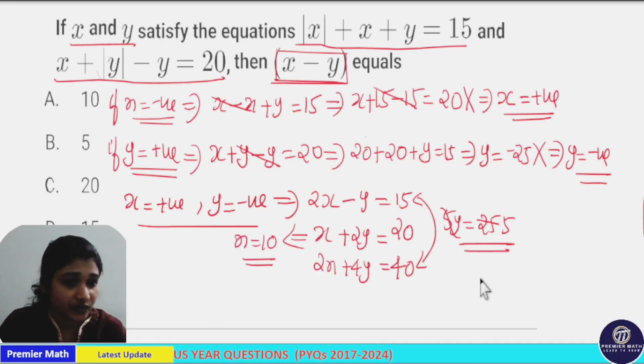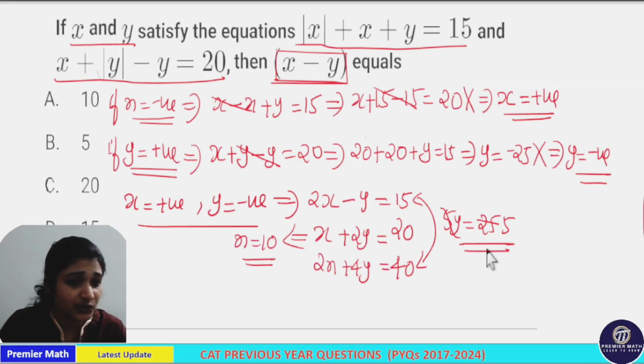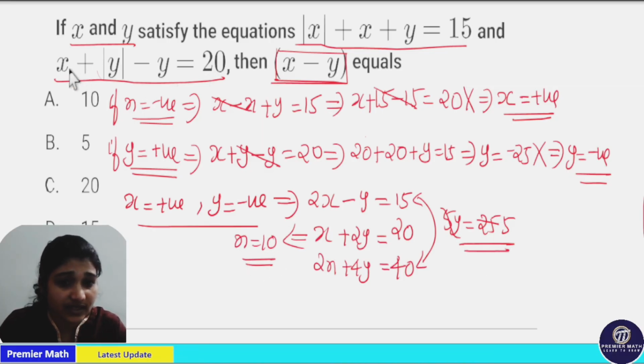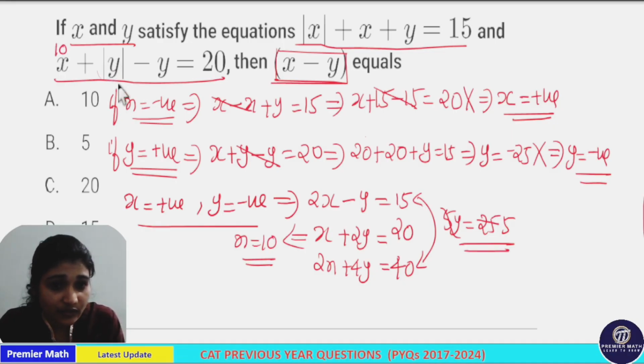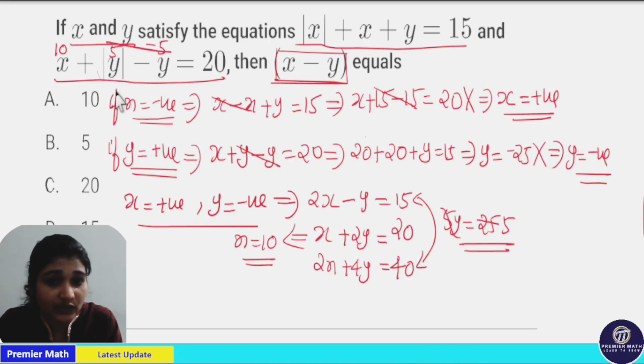Now, even if we give x is equal to 10 and y is equal to 5 in the second equation, you can see x is equal to 10 and modulus of positive y is equal to 5. And here we have minus of y is equal to minus 5. So 5 minus 5 is equal to 0, which means 10 not equal to 20.